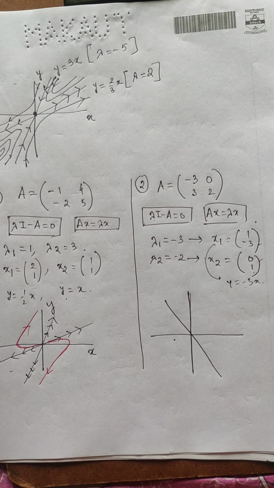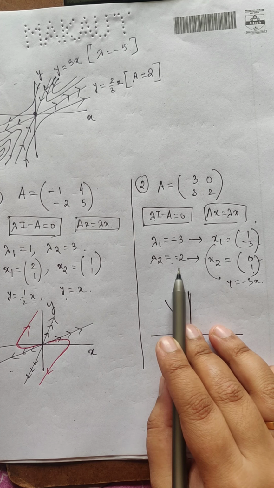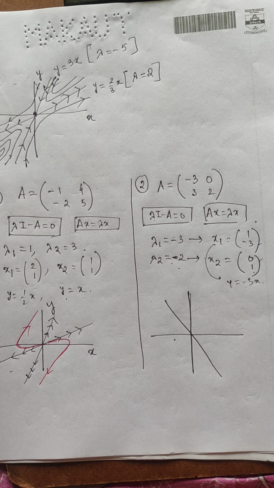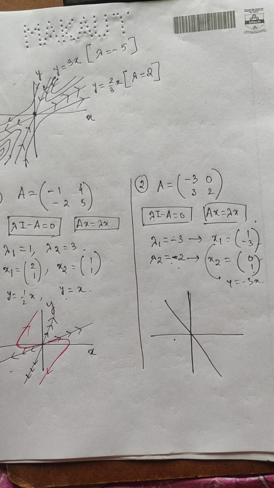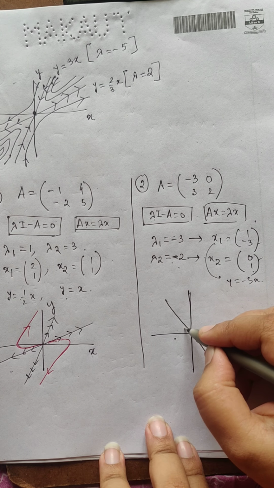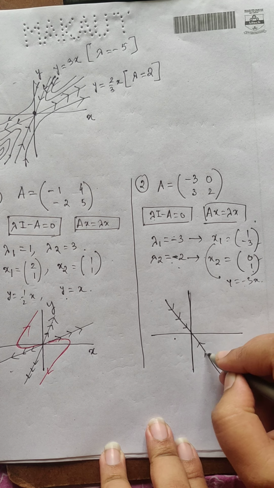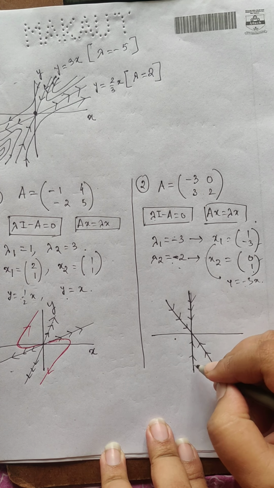Now what do I see? Both these eigenvalues are negative. That means both of them are exponentially decaying curves, which means the arrows of these curves will be converging to the origin, or 0. So these two curves will have arrows converging to 0.